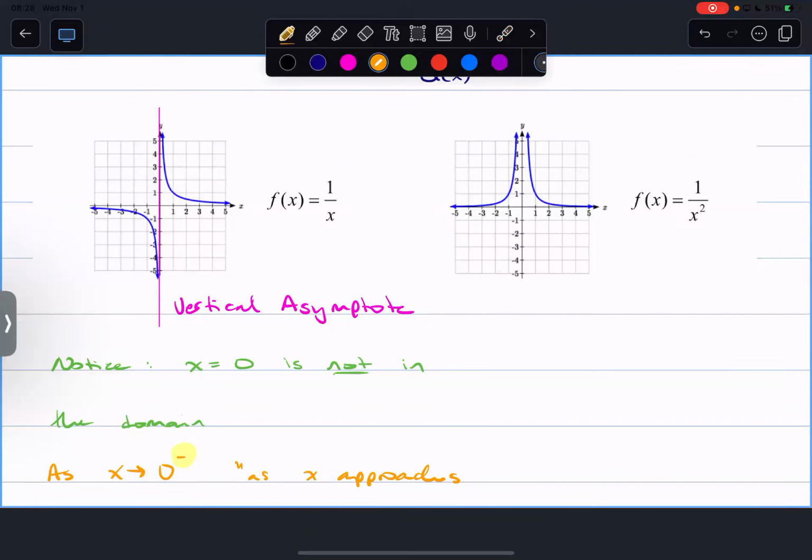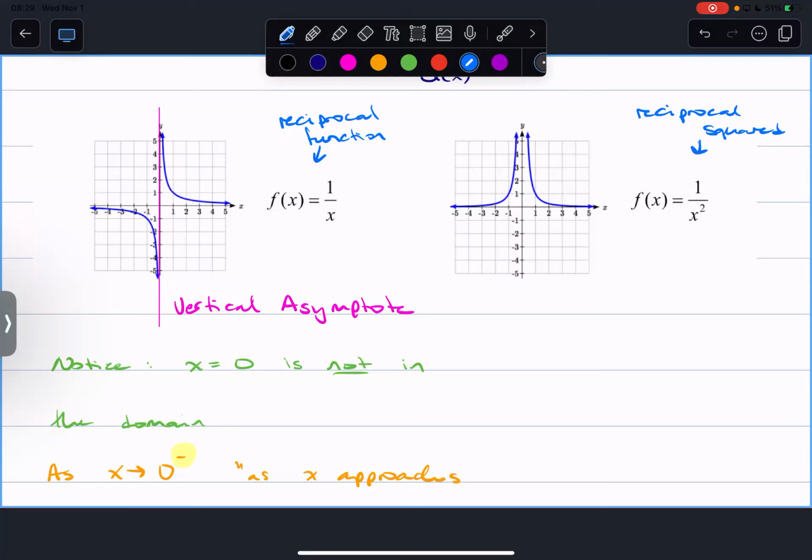This is called the reciprocal function, which means that this is the reciprocal squared. One over x squared.